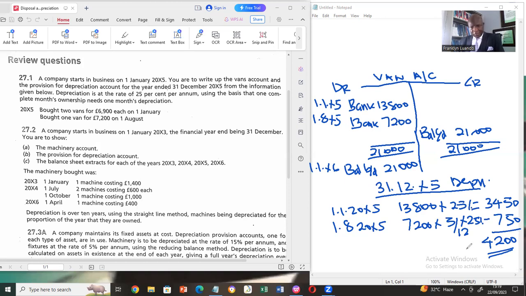Is that okay now? So now we can prepare the allowance for depreciation account. Maybe I can use this part to create some space there.